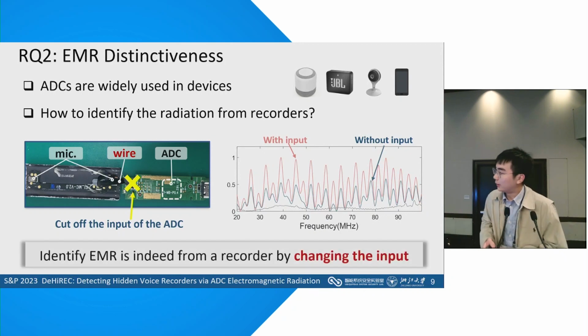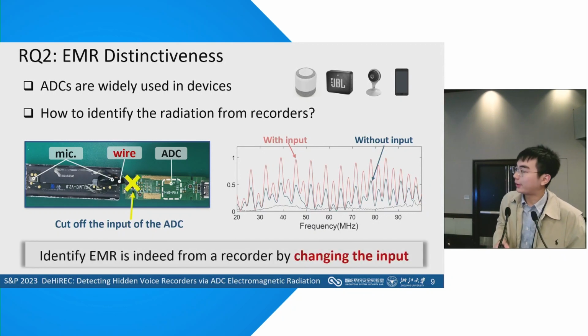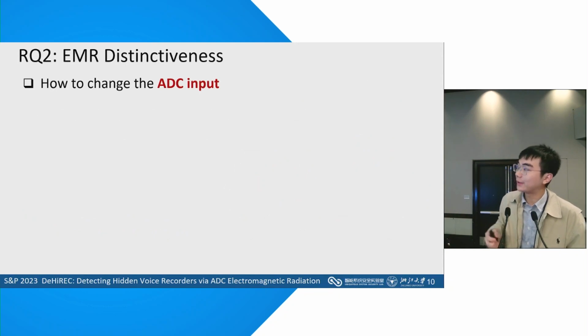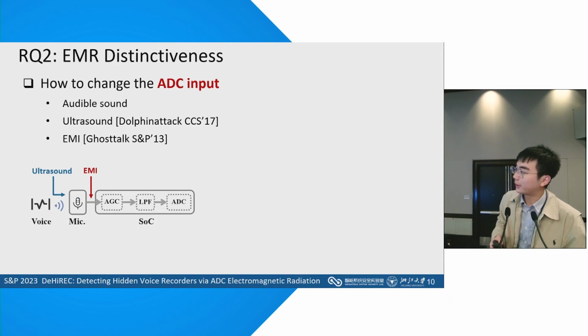So if we want to distinguish whether the EMR is indeed from a recorder, we can change the input of the ADC. The question is how to change this input. We simplify the workflow of recorders as in this picture. Intuitively, there are three methods to change the input.